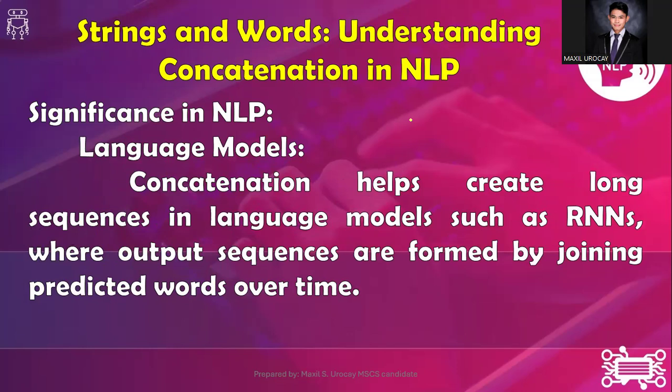So, as I have always mentioned, concatenation plays a key role for these language models, where it helps form long sequences by joining those predicted words step by step. It allows the model to generate coherent output, like sentences or paragraphs, based on the previous context and connections as well.